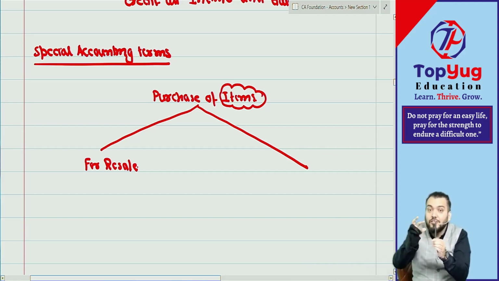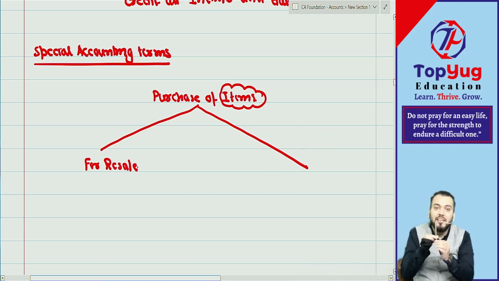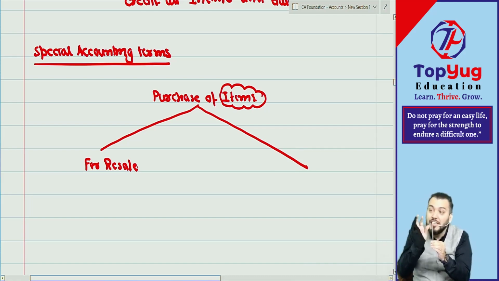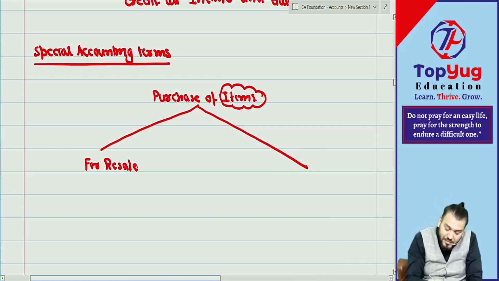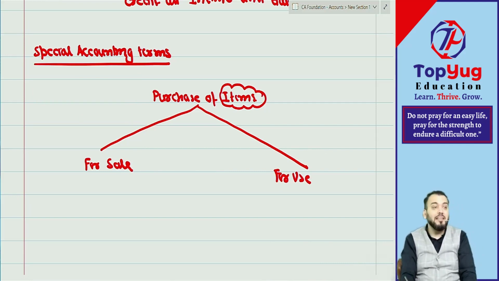There is no third category. Either I will use it in my business or I will sell it for my business. Correct? You need to find out what the intention of purchase is, for sale or for use. So first you need to find out the intention of purchase.